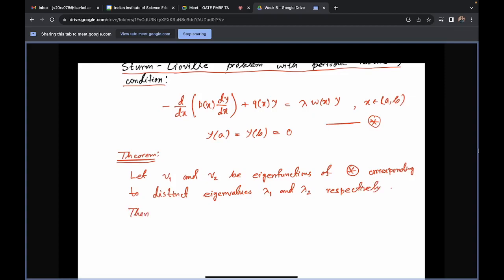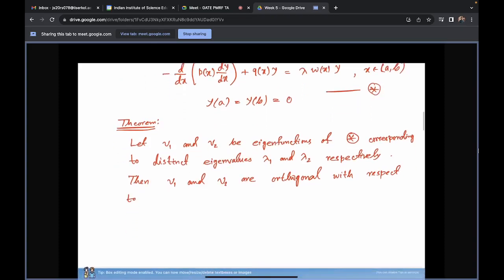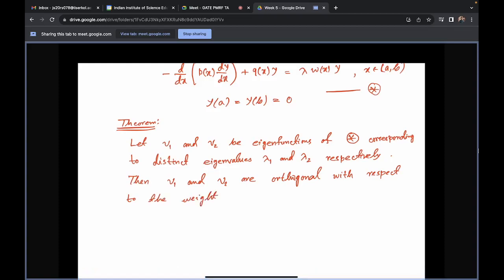Then v1 and v2 are orthogonal with respect to the weight. So the weight function here is w.